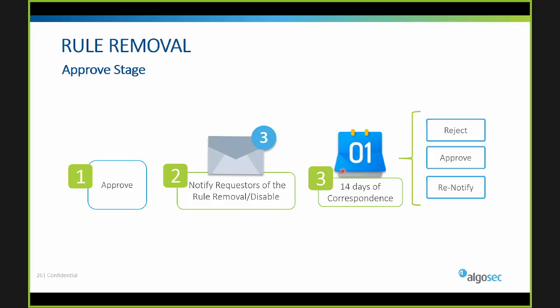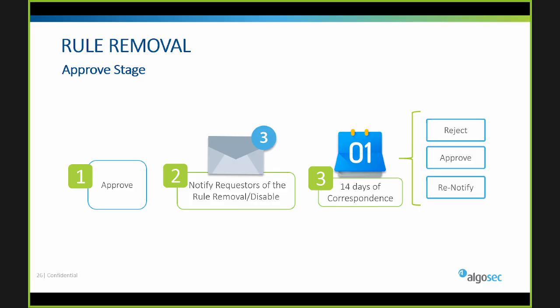But we have this concept of a 14 days correspondence period where we can chat with or communicate with the requester, and they may say, okay, well, actually, I still need this, or no, I don't, and you can argue with them if you want. You don't have to wait the full 14 days. It's just a nominal number.